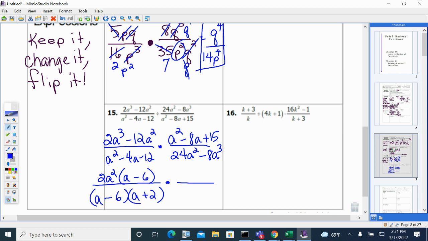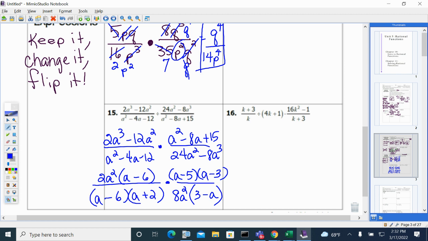Top right, two numbers that multiply to give me 15, that add to give me negative 8 would be negative 5 times negative 3. I was thinking 3 and wrote a 5. So this is going to be a 3. And in the bottom, there's a GCF of 8a squared. And that's going to leave me with 3 minus a.